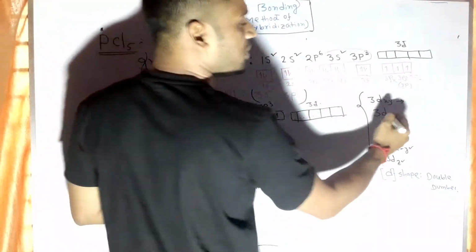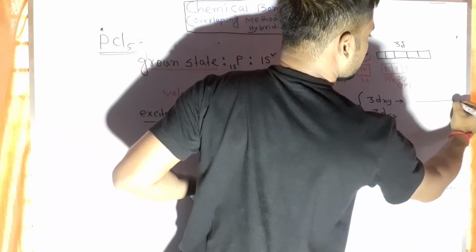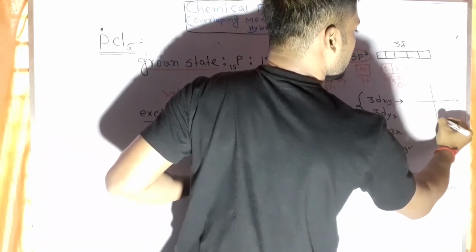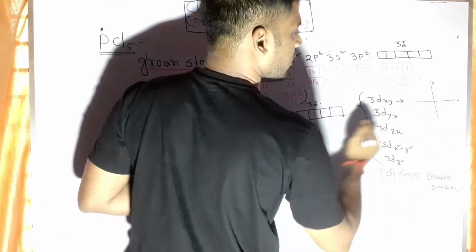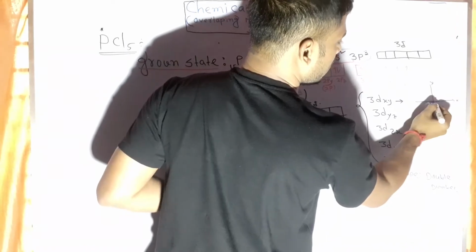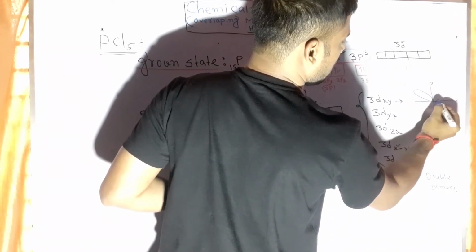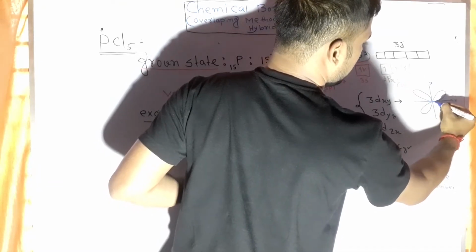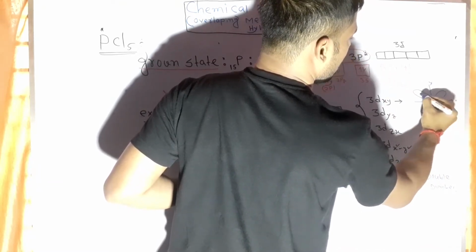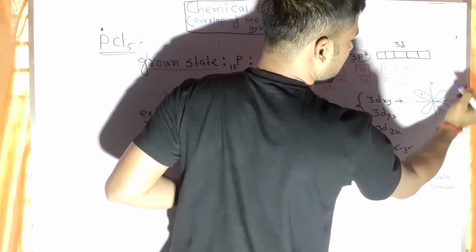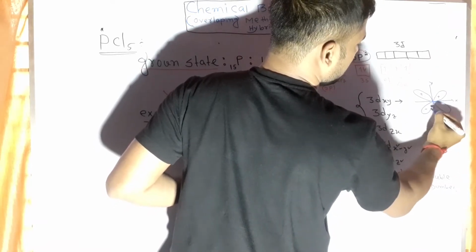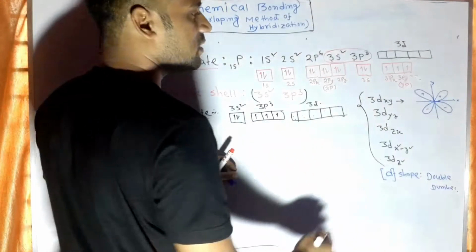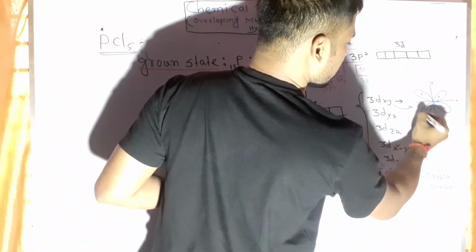So in the structure of 3dxy, this is the x plane and this is the y plane. It is a double dumbbell structure. The upper side, above the x axis, carries a plus sign, and below it a negative sign. This is the 3dxy structure.